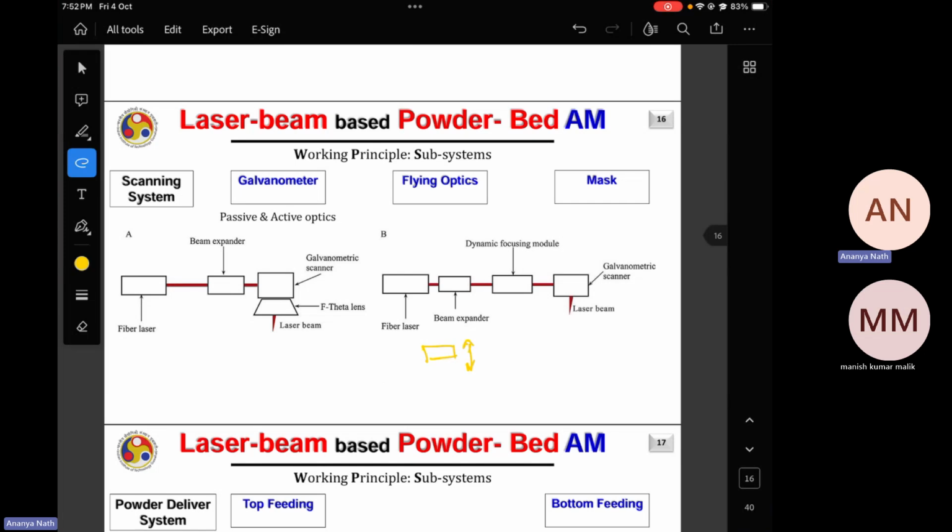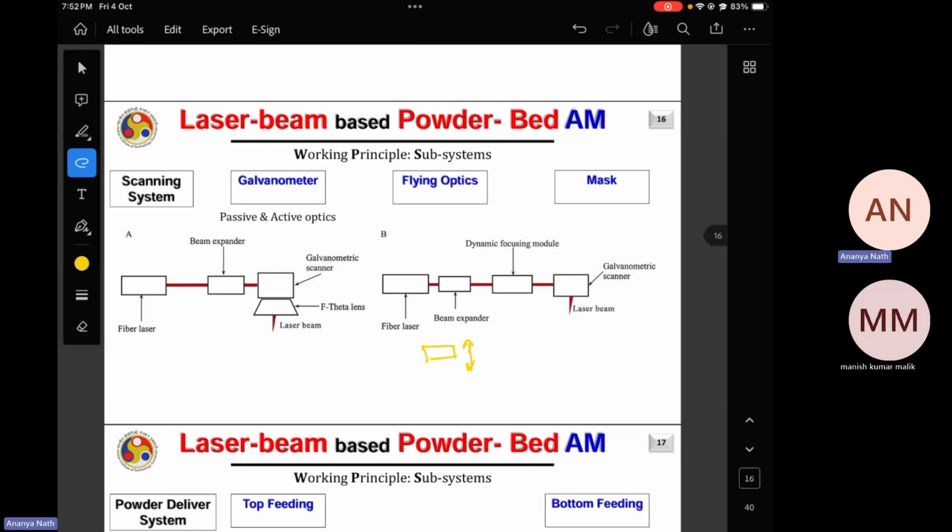So a galvo scanner is capable of moving the laser beam rapidly onto the build plate, while the F theta lens is used to make the laser focused onto the build plate.